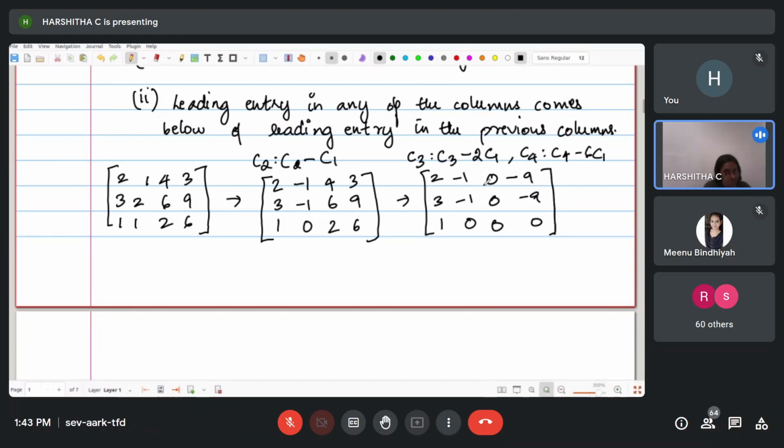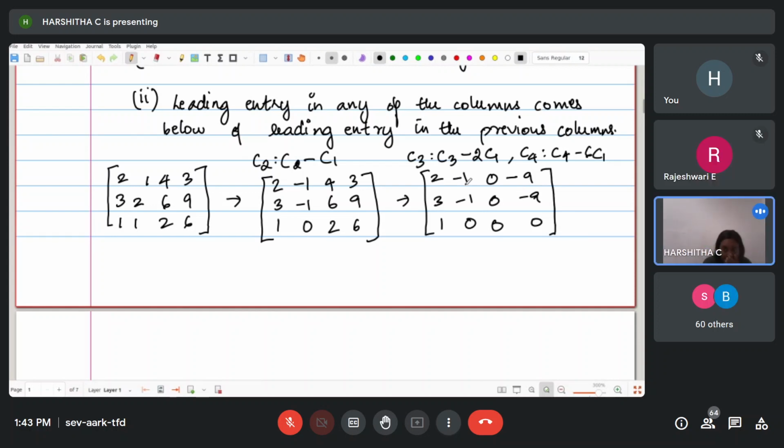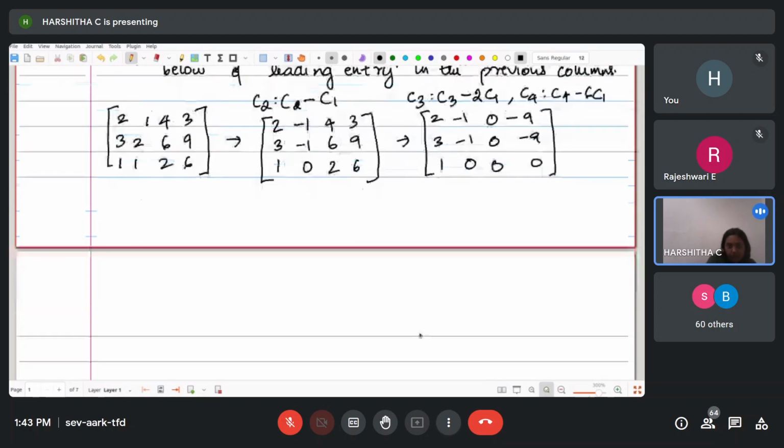Now we'll subtract 9 times C2 from C4. So C4 gets 2, 3, 1.